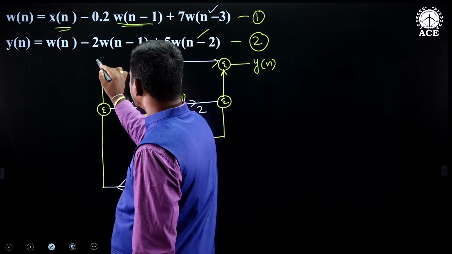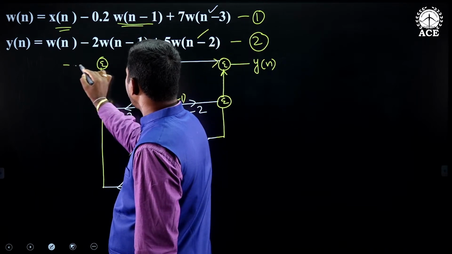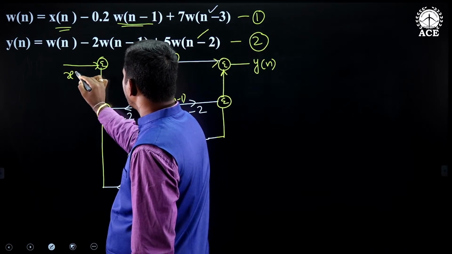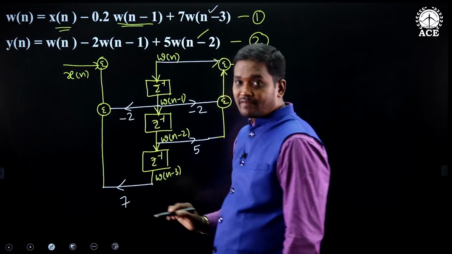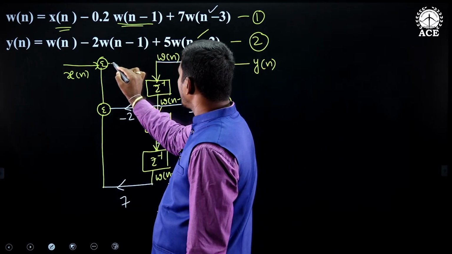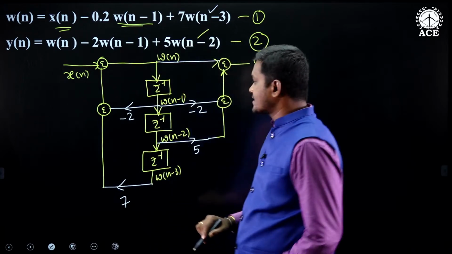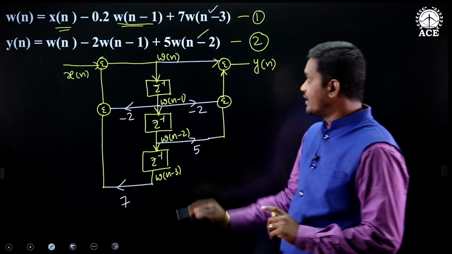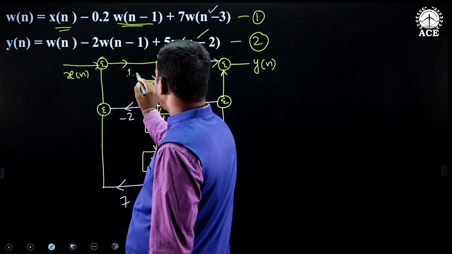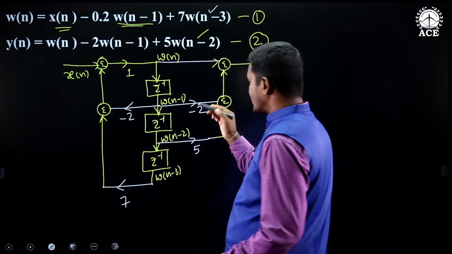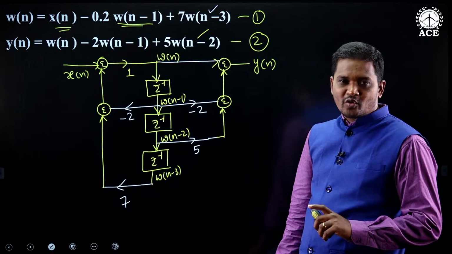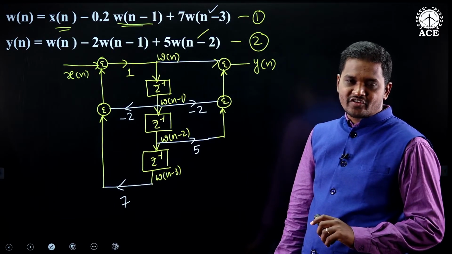So x of n minus 0.2 W of n minus 1 plus 7 W of n minus 3 produces W of n. What is the factor here? 1. Don't forget the arrows, arrows are important. So this is the direct form 2 realization for the given transfer function.